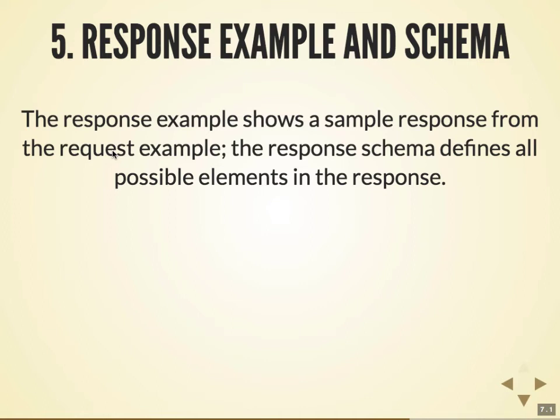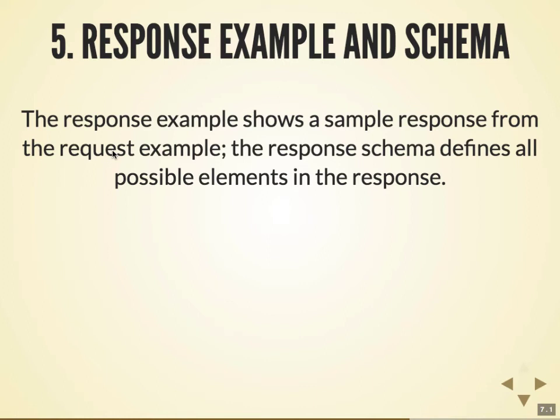Finally, the response example. Now this is where it gets even more interesting. The response example shows a sample response from the request example, but the response schema defines all possible elements in the response. This is where you can separate good documentation from bad. Poor documentation will just show an example response, but remember, the request is just a sample request.